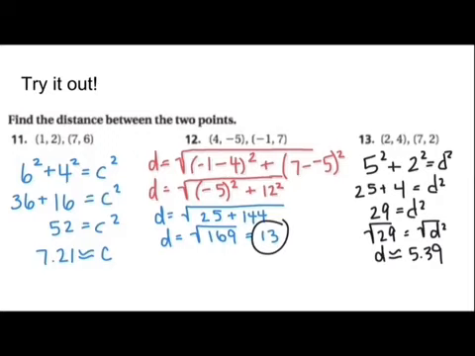And for the last one, I used the Pythagorean theorem. I found the distance between our x values and the distance between the y values, so those are the 2 legs, and that was d squared, which is the hypotenuse, so the distance between the 2 points would be the square root of 29, and that's about 5.39.